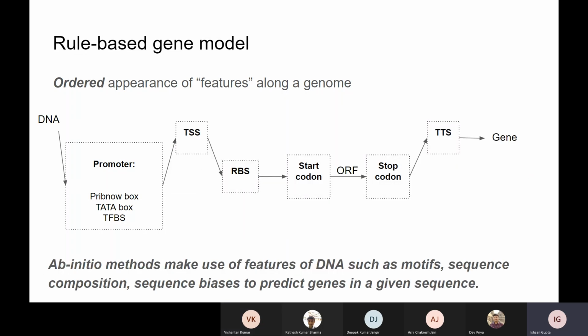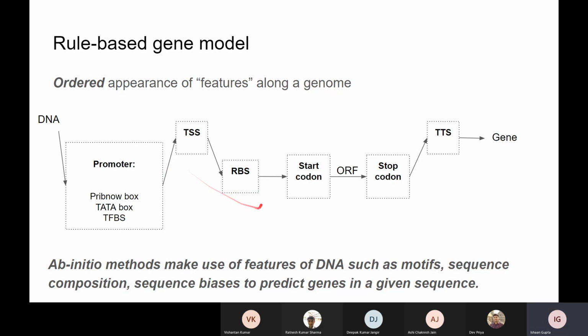So what ab initio methods essentially do is they make use of features such as motifs, sequence composition, and sequence biases to predict exactly where in the given sequence you would have a gene and where in that gene you have the location of these features, because each gene could have different relations between where the promoter lies and where the transcription start site lies.